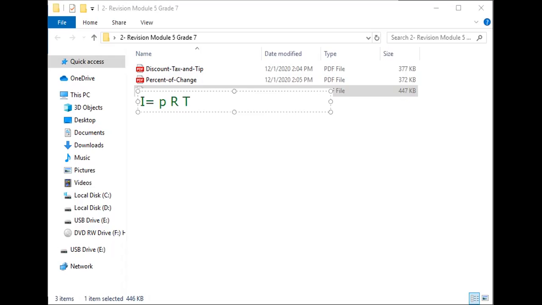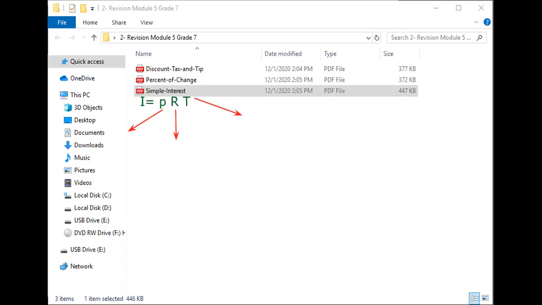And we said that P represents what? The principal. P represents the principal and R the rate, and T time. And we have to know for each how we are going to write it. So principal is the amount of money which you start with, or you borrow from the bank. The second, rate, we have to express it by what?